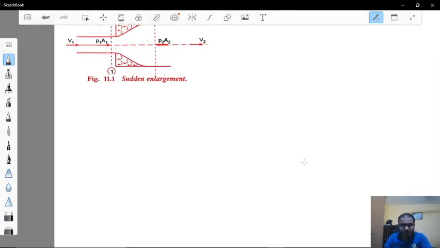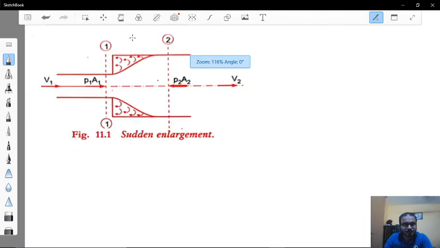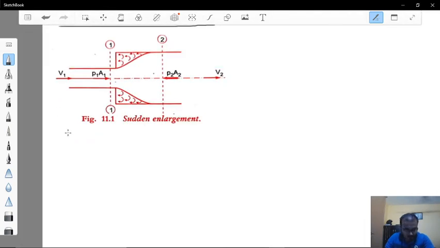So there are few nomenclatures that we will not discuss much in detail. That here we have P1, that is pressure intensity at section 1, V1, that is velocity value at section 1, A1 is the area at section 1. Similarly, we will have values P2, V2 and A2.